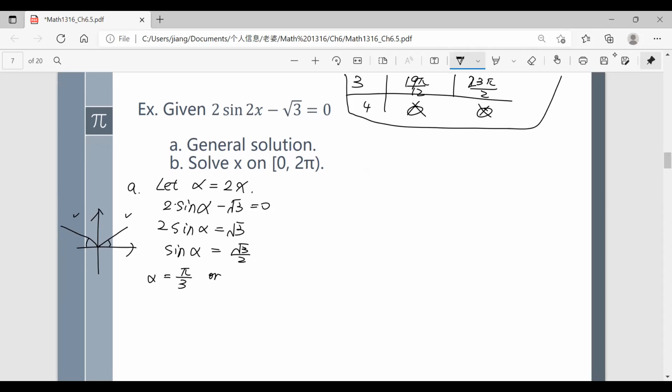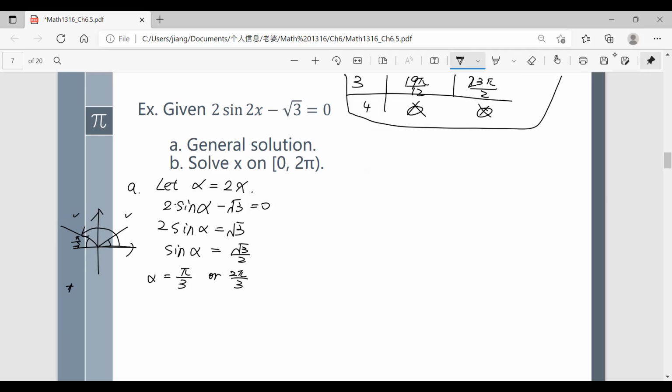Or here is also reference angle pi over 3. That means from the initial to here, the angle should be pi minus pi over 3, which is 2 pi over 3. I got the angle from the initial side to the terminal side.